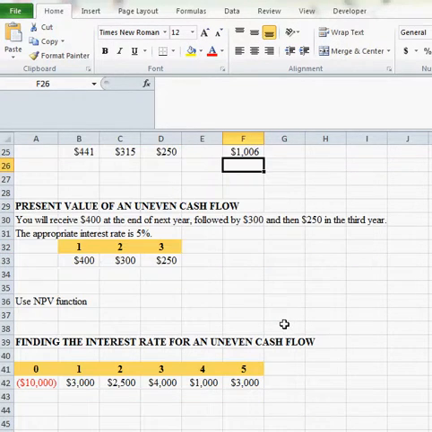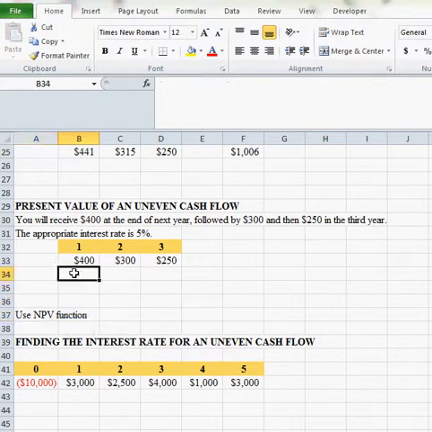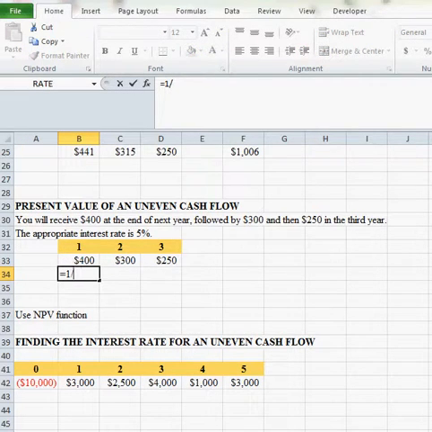The present value, we could do it the same way. So let me move this down just a little bit. So our discounting factors, now we're bringing it back to the present value. So $400 that you receive at the end of year 1 is going to discount back 1 year. Interest rate's still 5%. So my discounting, if you have watched my other videos, is equal to 1 divided by 1 plus the interest rate, so 1 plus the 5%, raised to the power of the year.